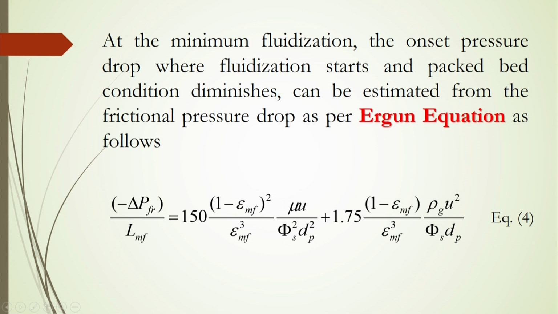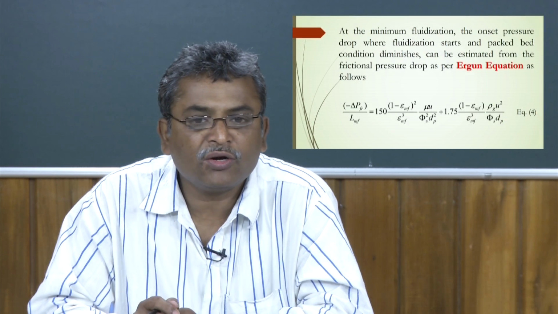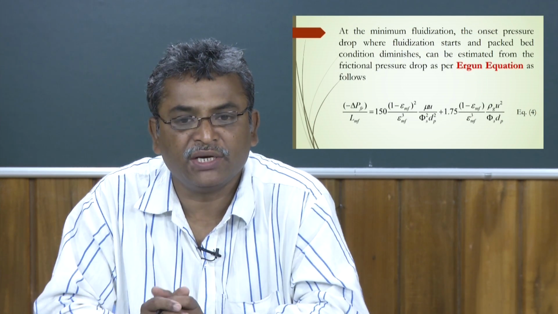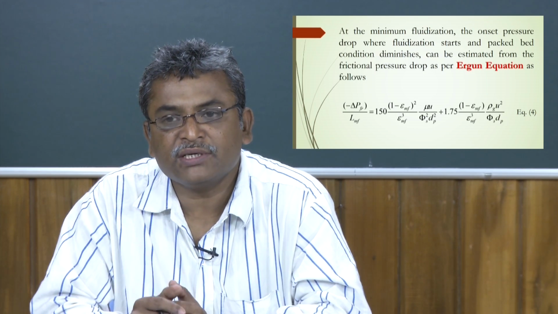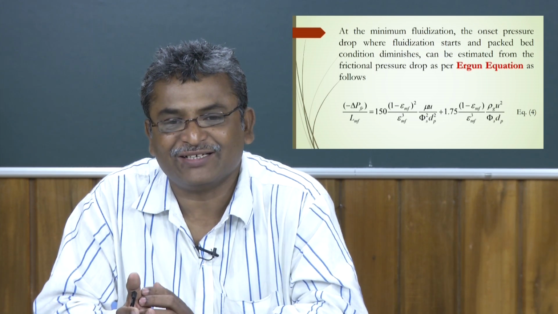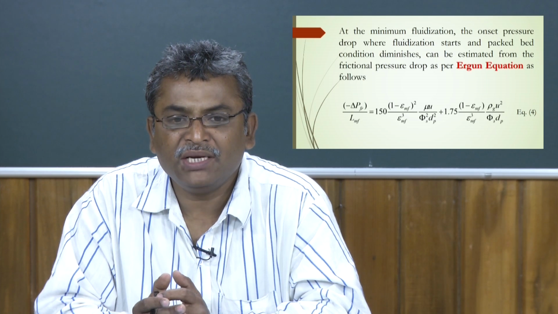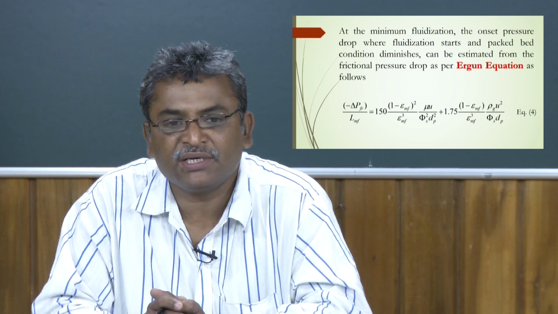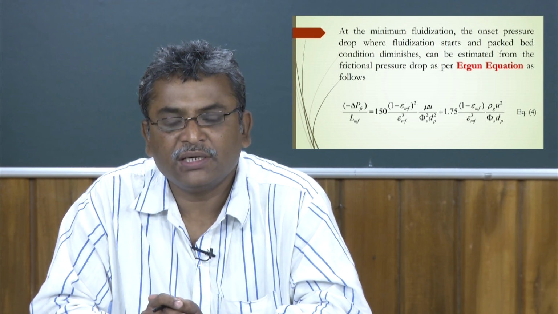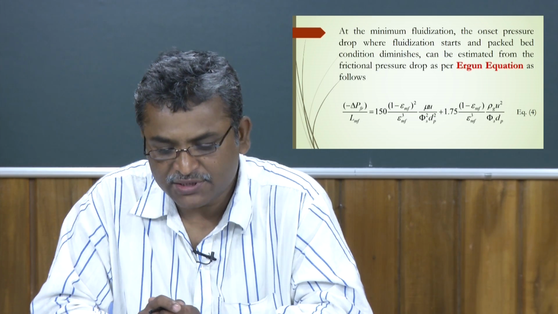Now, at the minimum fluidization, the onset of fluidization, the difference between fluidization and the packed bed condition diminishes. So, at the minimum fluidization the pressure drop can then be estimated from the frictional pressure drop.